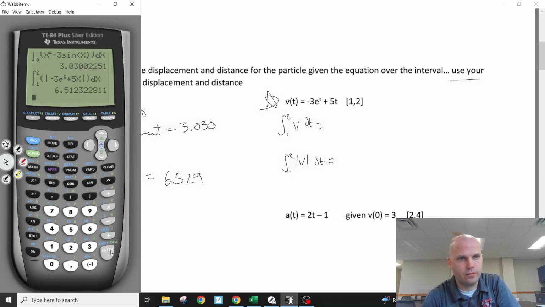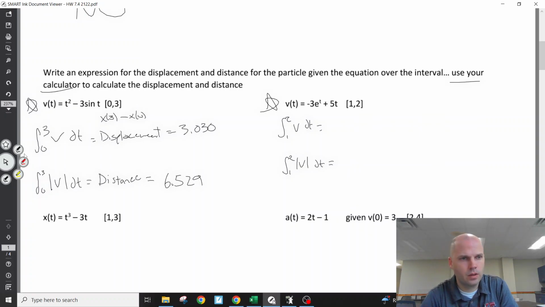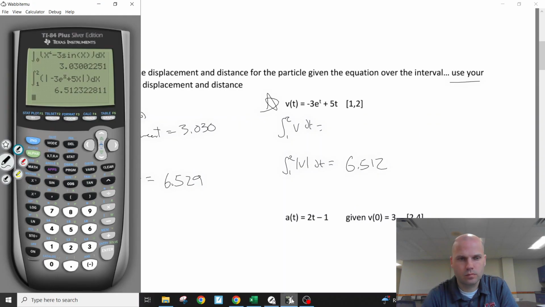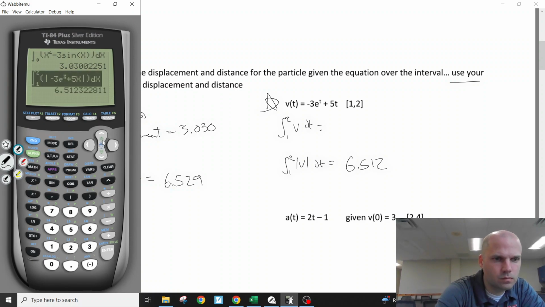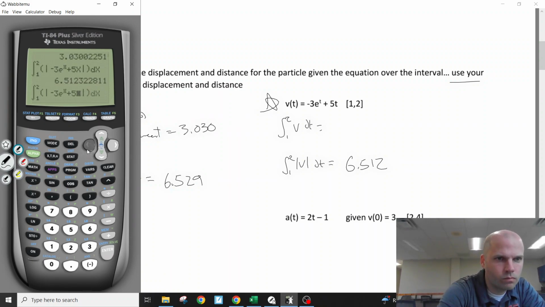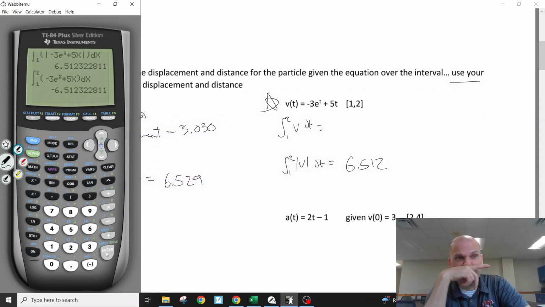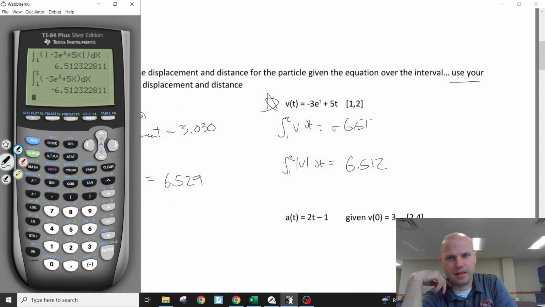Okay, 6.512. That's the distance. Oh, negative 6.512. So what's interesting about this is I can tell right now that my velocity between 1 and 2 is strictly negative.